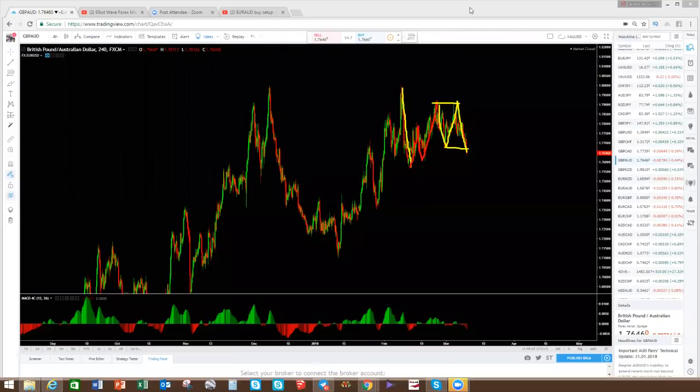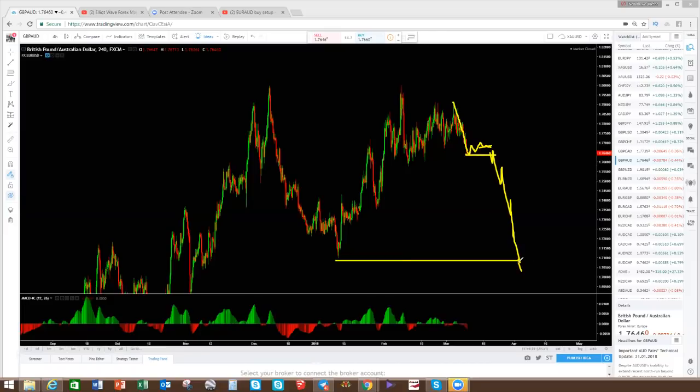If this is done, then you're going to get a correction here, to the downside. If not, you're going to get an impulsive move to the upside, giving you another 3-wave structure. Okay, and that 2-wave structure will be something like that. But I am more inclined to this being done at this stage, for it to come down, give you a correction, then come back to that level at least.